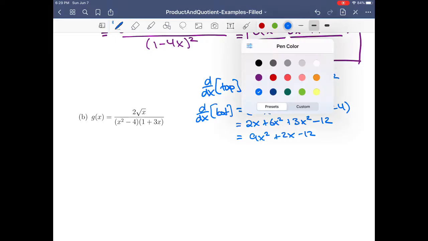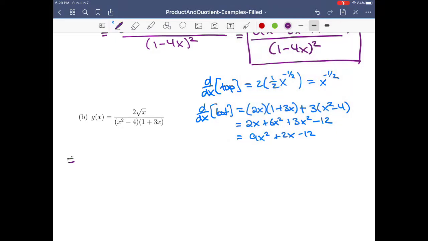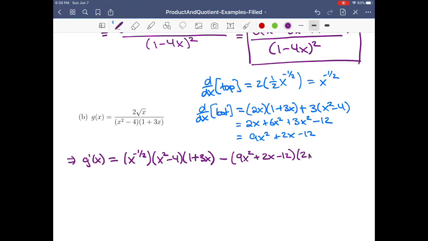Now we're going to put all this together. So the derivative, g prime of x, is the derivative of the top, x to the negative 1/2, times the bottom, minus the derivative of the bottom times the top, all over the bottom squared.